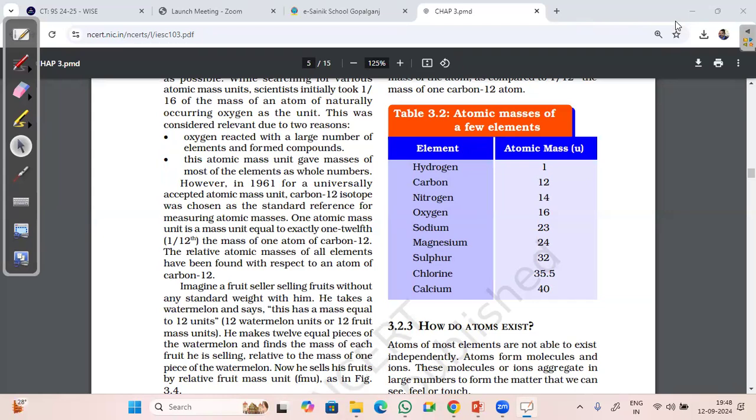So here the element is hydrogen, having atomic mass 1 atomic mass unit. Carbon has 12, nitrogen will have 14, oxygen will have 16, sodium will have 23, magnesium will have 24, and sulfur 32. Okay.